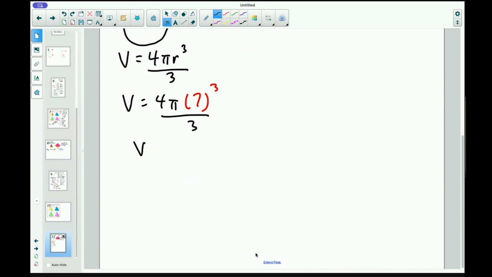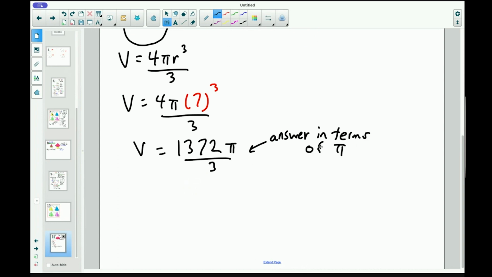So 7 cubed is 343 times 4 is 1372. So we get 1372 pi over 3. And this is, again, our answer in terms of pi.